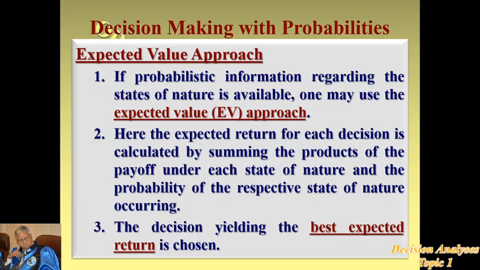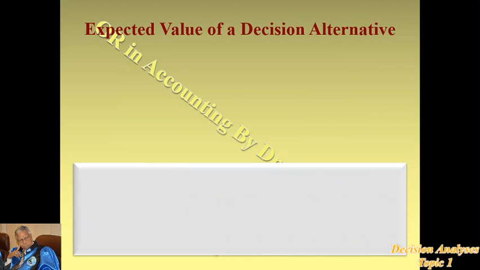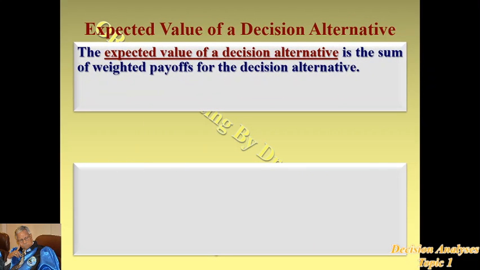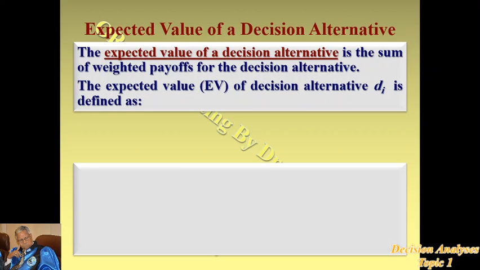Let us apply this approach by considering the following example. The expected value of a decision alternative is the sum of the weighted payoffs for the decision alternative. The expected value, EV, of decision alternative Di is defined as follows.